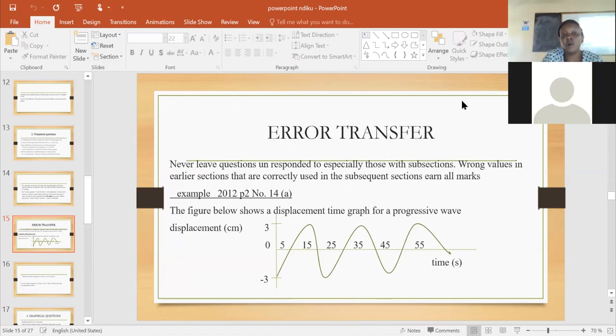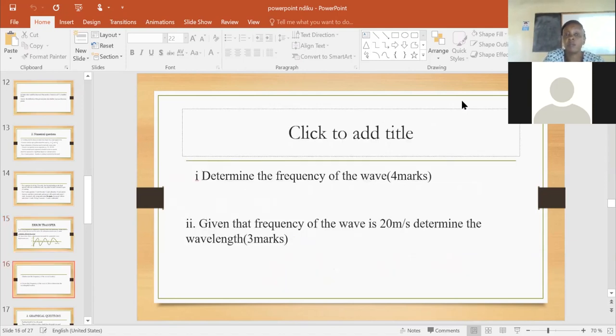For example, we have that wave which is drawn there. From the wave, you can get the period. We have the question: determine the frequency of the wave.